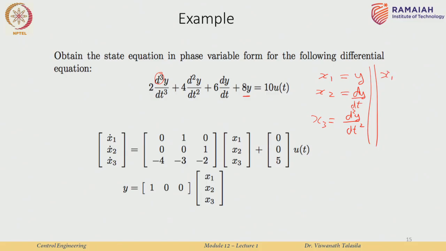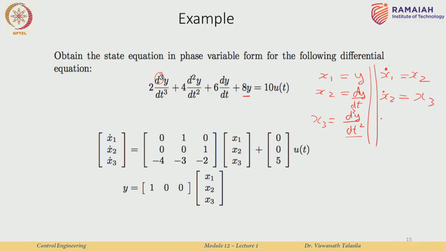So for that we take the derivative of the first state and we find that it is nothing but dy by dt, and dy by dt is basically x2. So the derivative of the first state is x2. The derivative of the second state, x2 dot, is nothing but d square y by dt square, and d square y by dt square is x3.